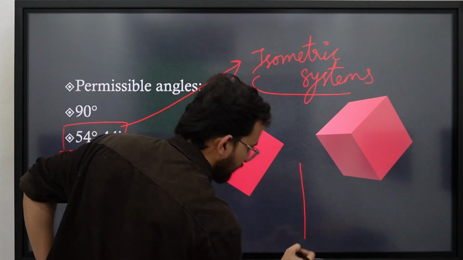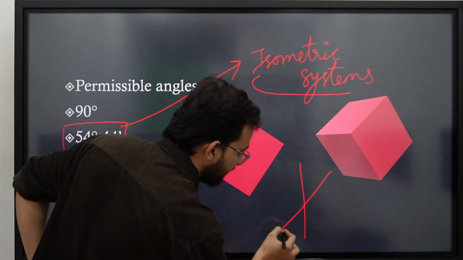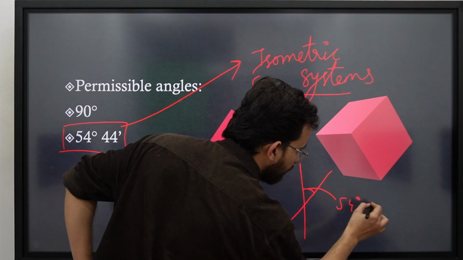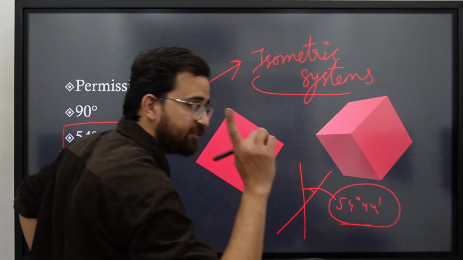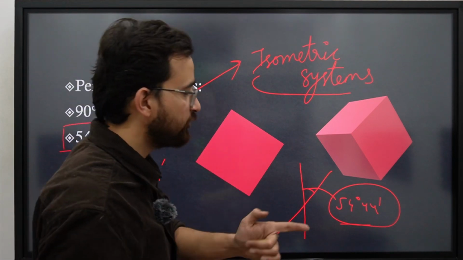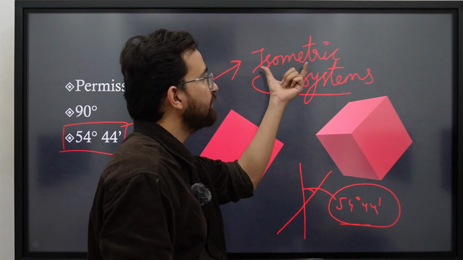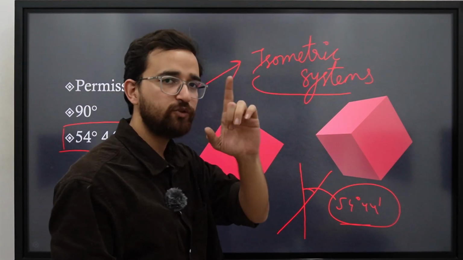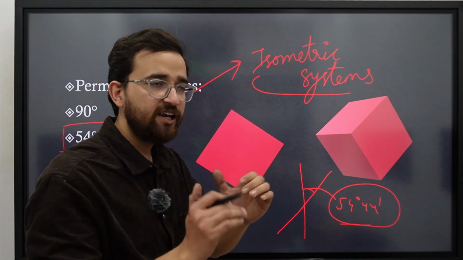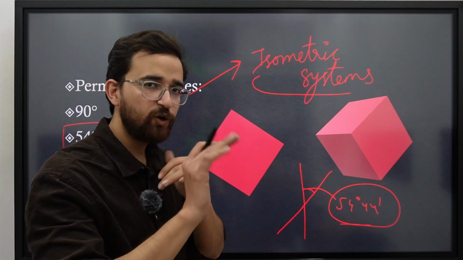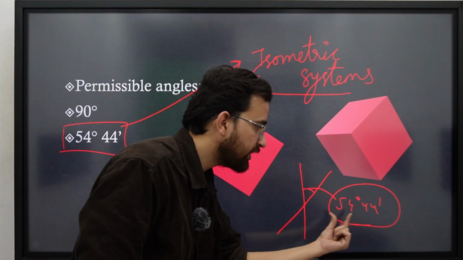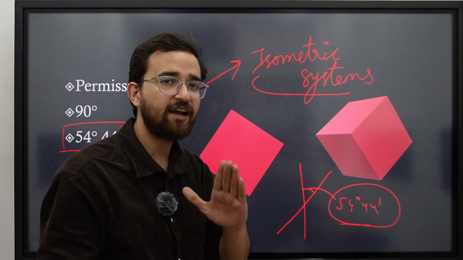So if you have a rotation like this, you can have another rotation and the angle should be 54, 44. This is a very limited scenario. This is applicable for very limited scenarios, and those scenarios exist in isometric systems only. Nowhere else. Commonly, you can just combine symmetry elements perpendicular to each other in isometric systems. In some special cases, you can combine them at this special angle as well.